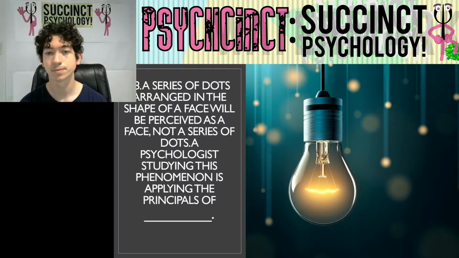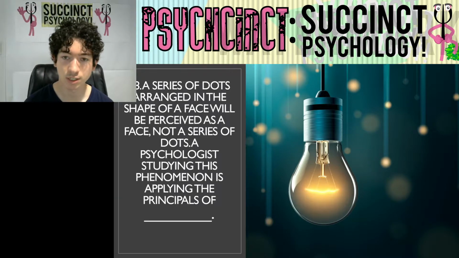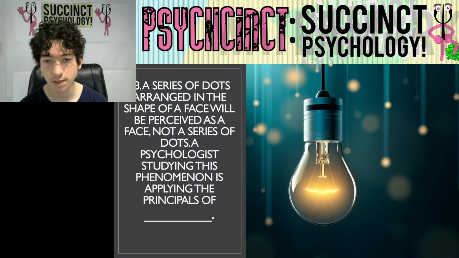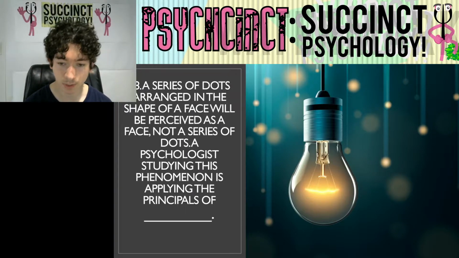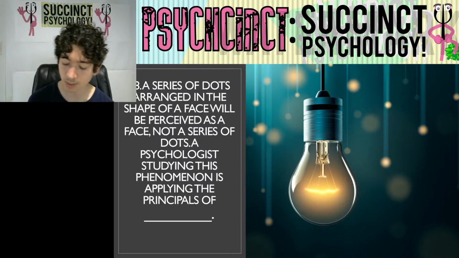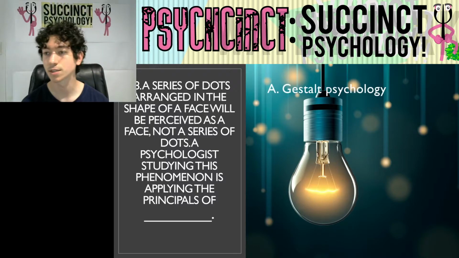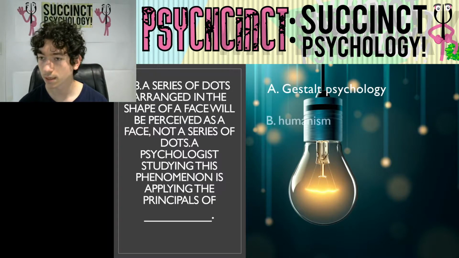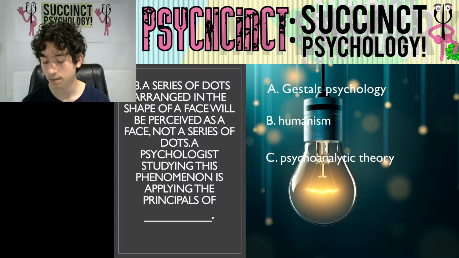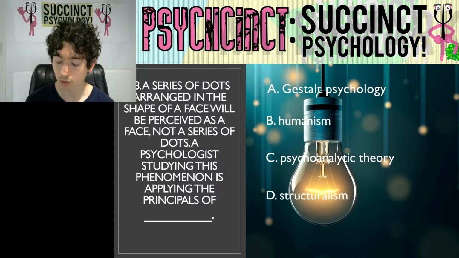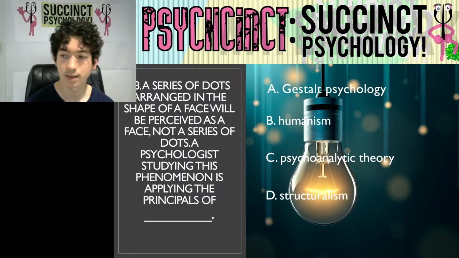On to 18 now. A series of dots arranged in the shape of a face will be perceived as a face, not a series of dots. A psychologist studying this phenomenon is applying the principles of A. Gestalt psychology, B. Humanism, C. Psychoanalytic theory, or D. Structuralism. Now, I'll give you some time to think about that.